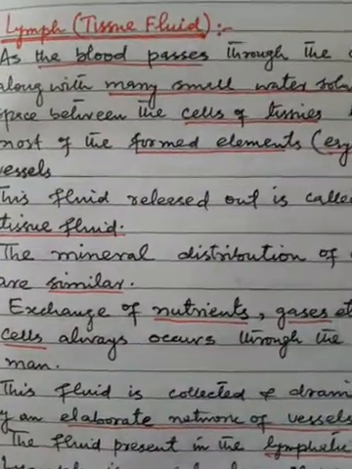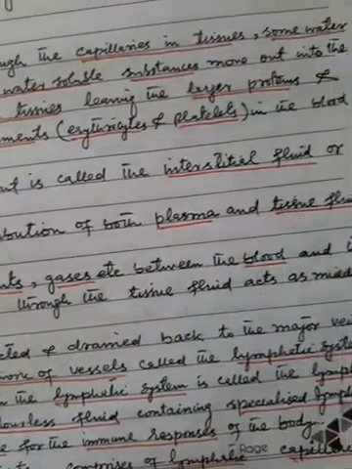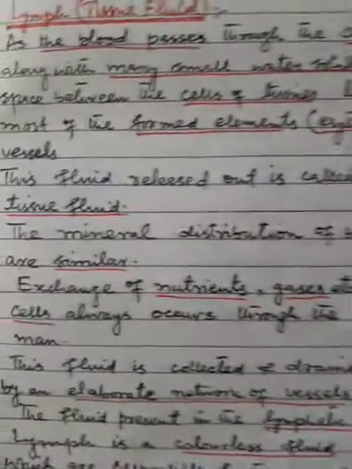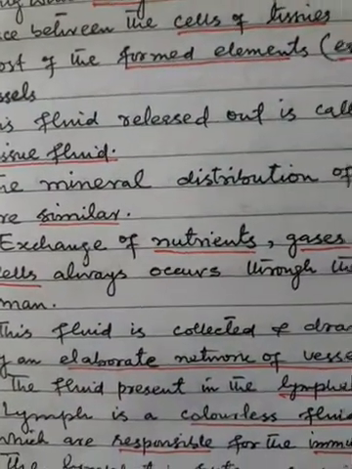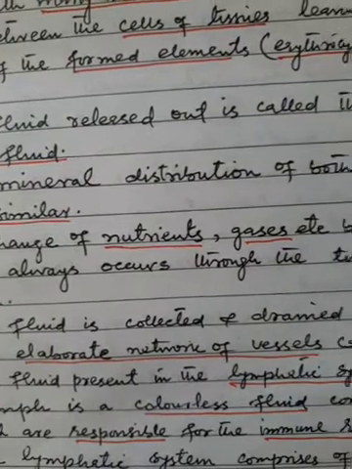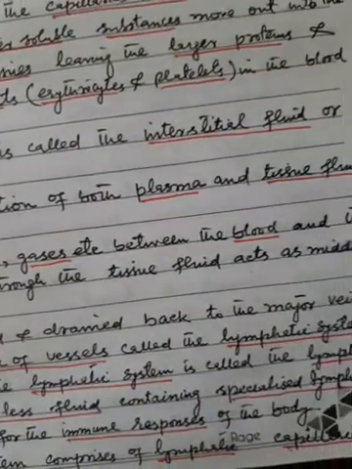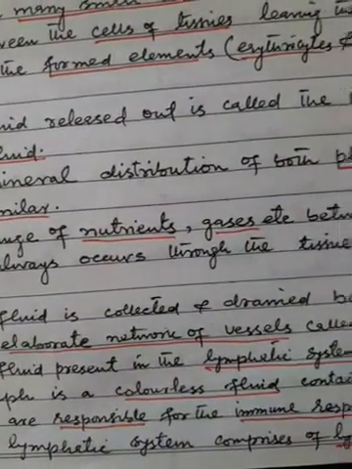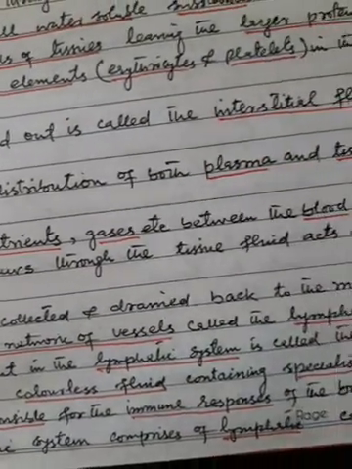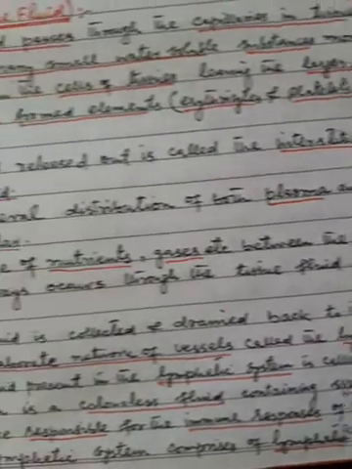The mineral distribution of both plasma and tissue fluid are similar. Exchange of nutrients, gases, etc. between the blood and the cells always occurs through the tissue fluid, which acts as a middleman.